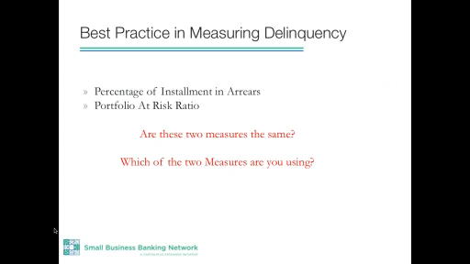But we have to understand at this point, are these two measures the same? Do they tell you the same type of information? Do they tell you the same level of alert? And which do you think of the two measures complies with the best practice?